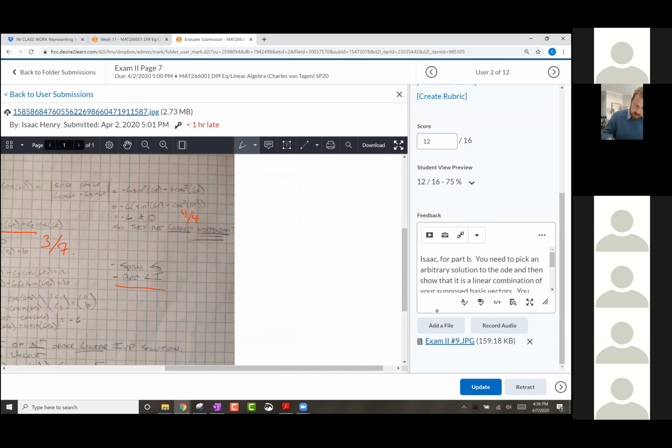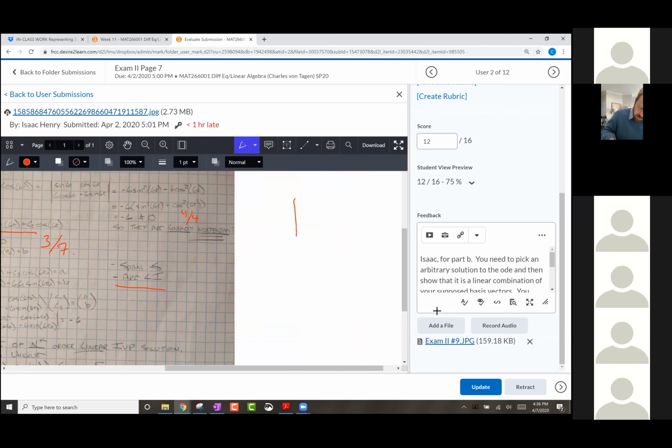So in the three-dimensional equivalent to this problem, let's say you think this vector here and this vector here form a basis for all of R3.